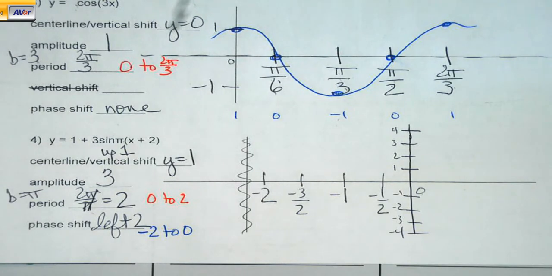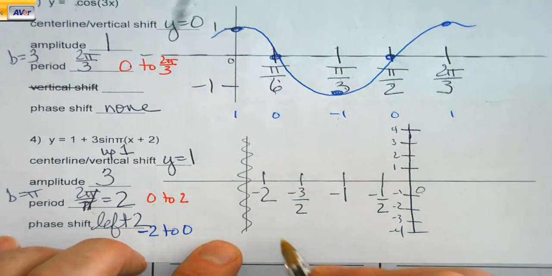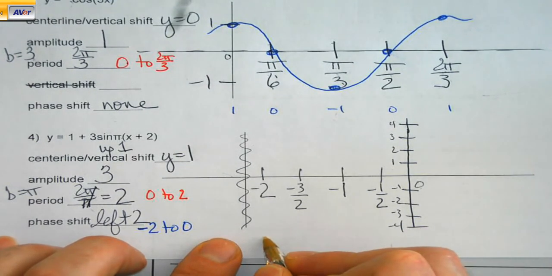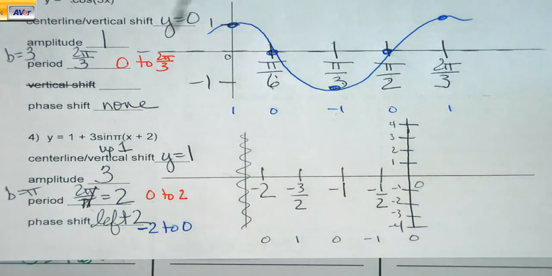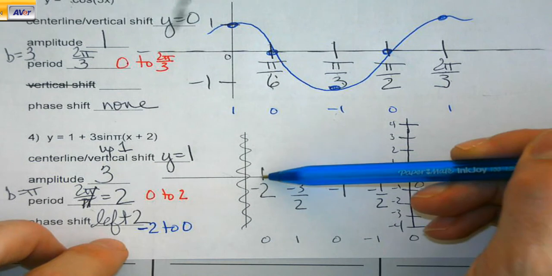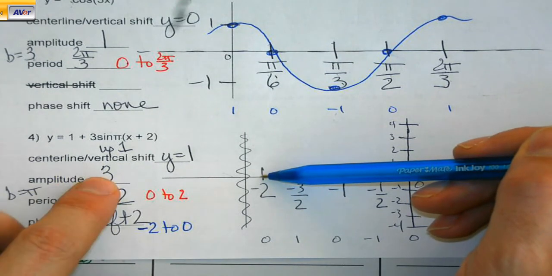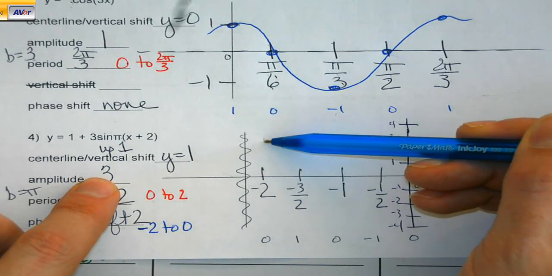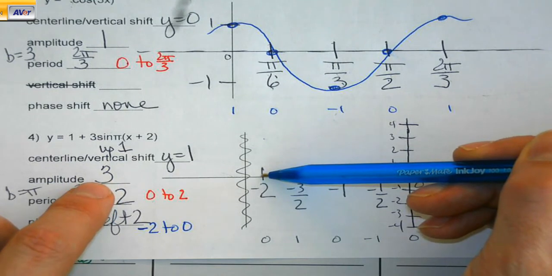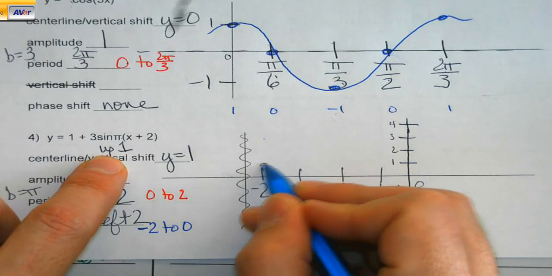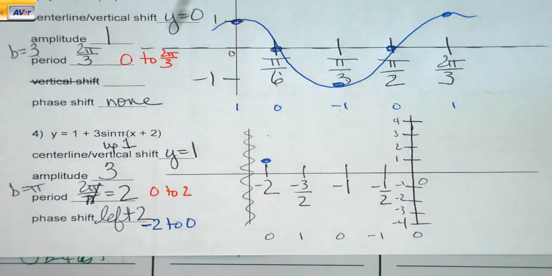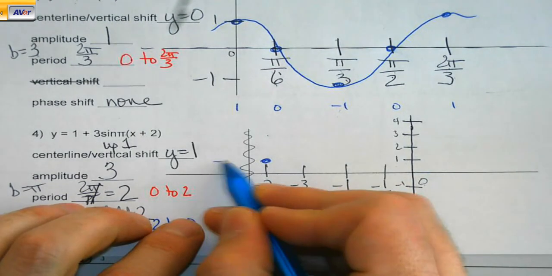So I start to look here a little bit, and I'm like, okay, sine graph normally goes 0, 1, 0, negative 1, 0. So when I start to do my points, normally I'd start at 0, but I have an amplitude of 3. So 0 times 3 is still 0. Then I go up 1, which would put me on my center line.